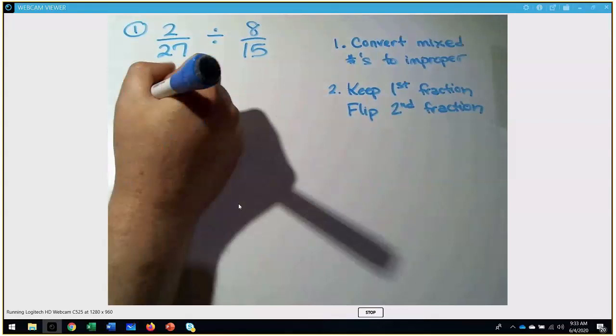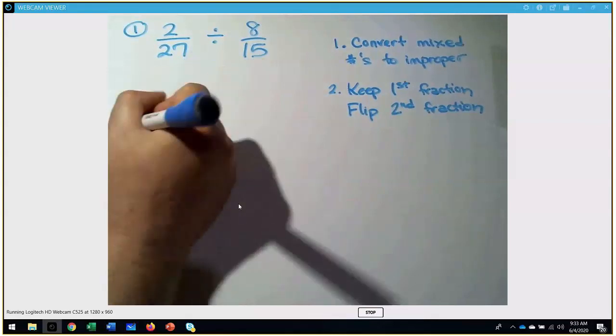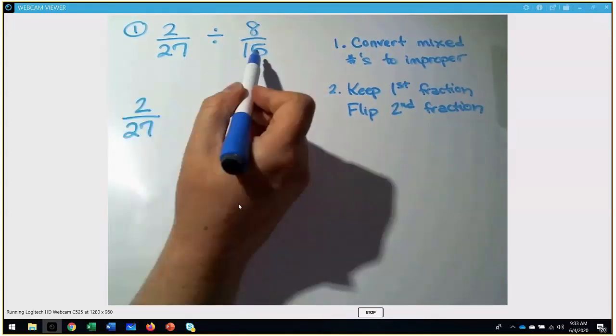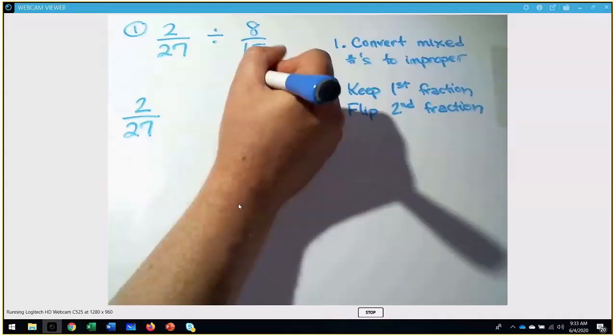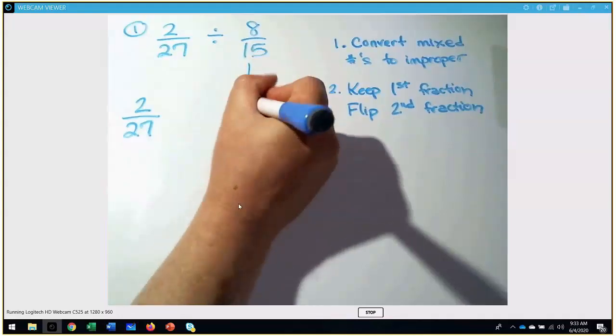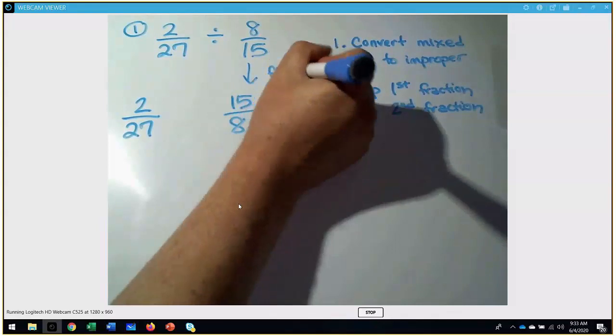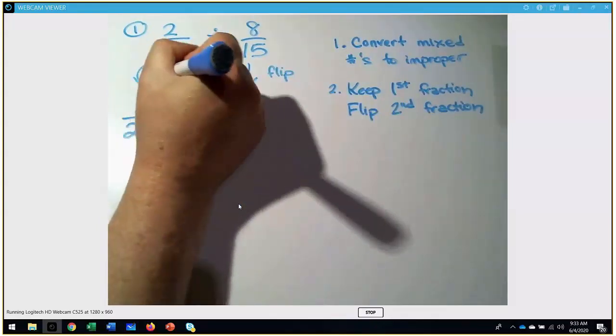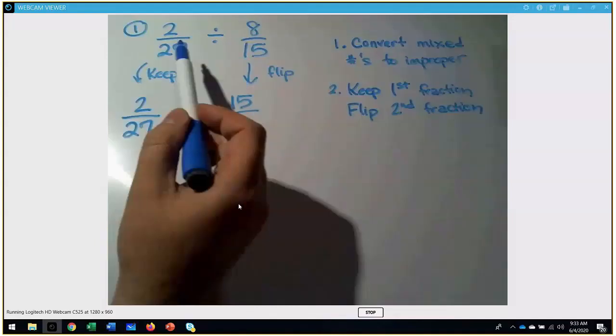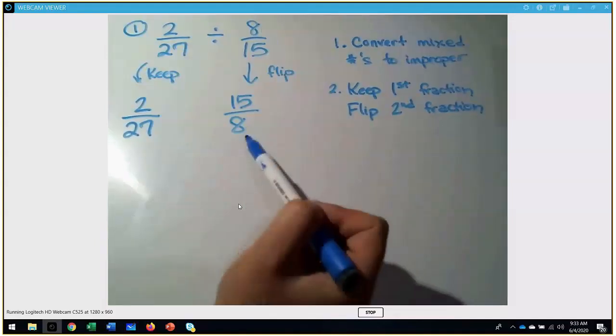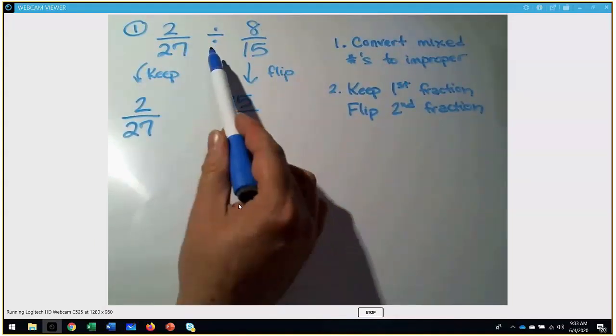So in this case, the 2/27 is going to stay. And this second one here is going to flip. Keep, flip, and the division then changes to multiplication.